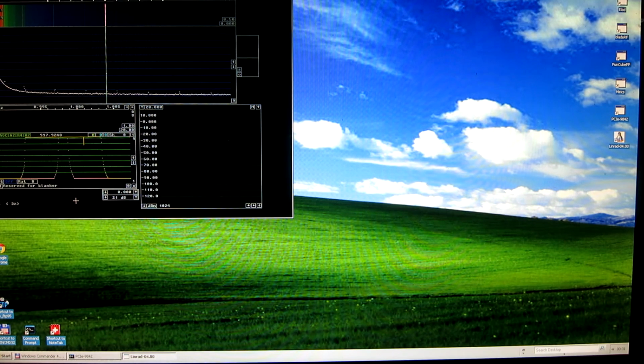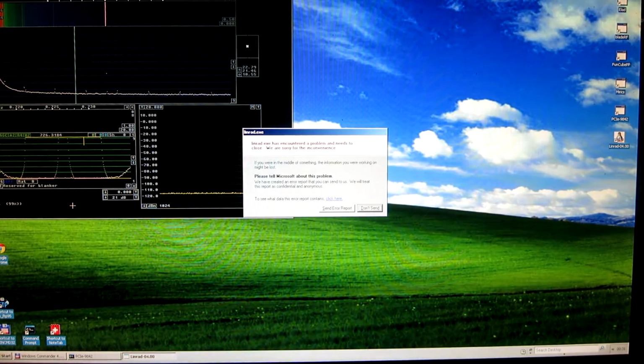And for some odd reason, Linrad now uses more CPU resources than it did when I tried it just a couple of minutes ago. You see 100% here. I don't know why that is, but this is Windows XP and it behaves like this occasionally. I just press escape.